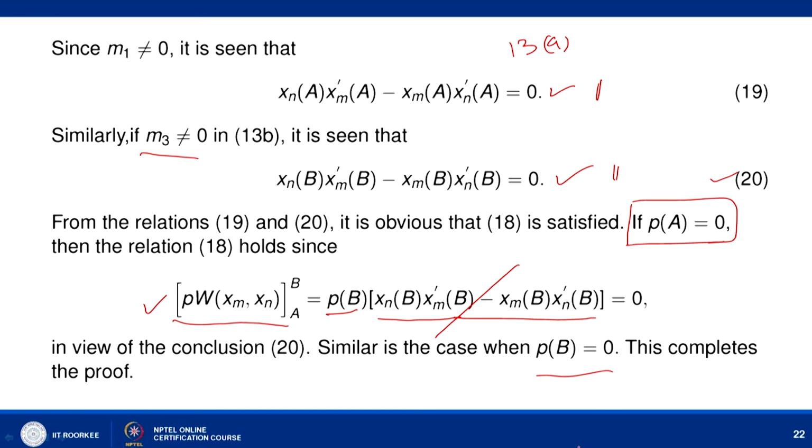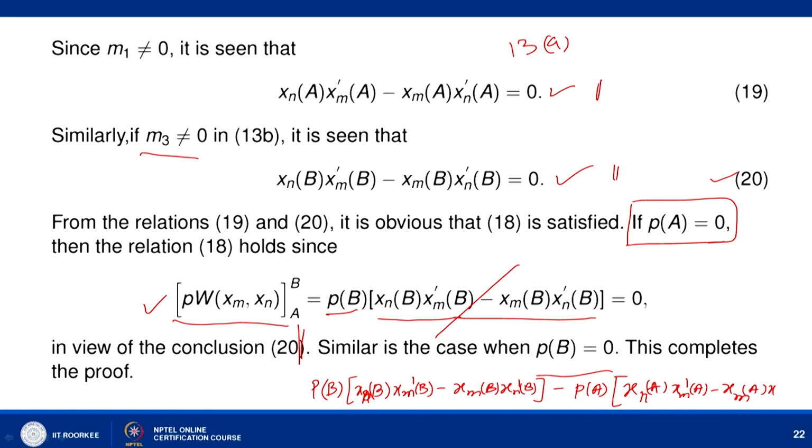So if P(a) and P(b) both are non-zero, then this is written as P(b)[x_n(b) x_m'(b) minus x_m(b) x_n'(b)] minus P(a)[x_n(a) x_m'(a) minus x_m(a) x_n'(a)].